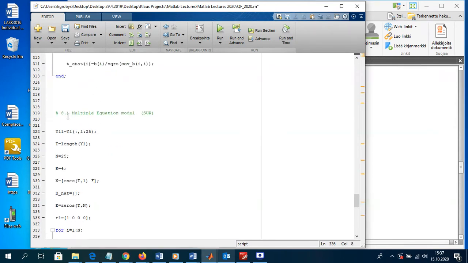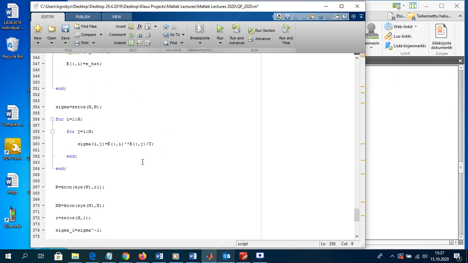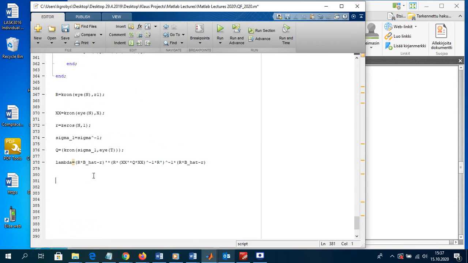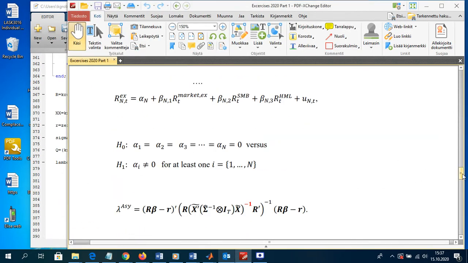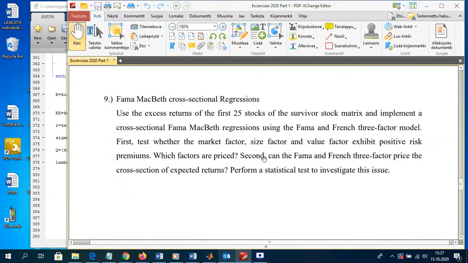All right, these were our seemingly unrelated regression models. Now let's turn our attention to Fama-MacBeth regressions. Our task is to use the excess returns of the first 25 stocks of the survivor stock matrix and implement cross-sectional Fama-MacBeth regressions, again using the Fama-French three-factor model.